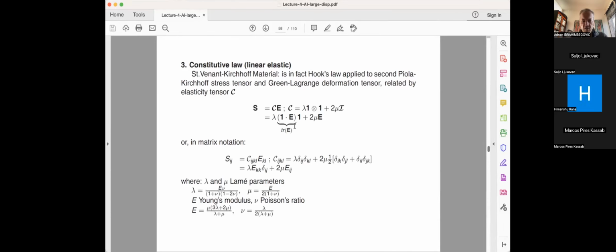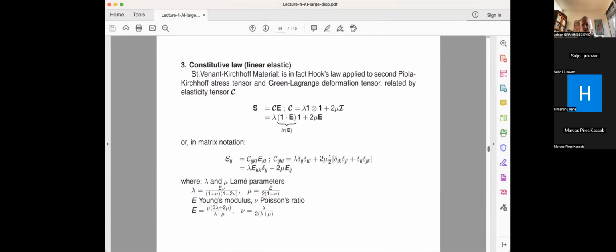And basically, imagine if we now take such a behavior, so I can define the second Piola-Kirchhoff stress with Hooke's law, and I need the elasticity tensor just like for the small deformation setting, which is defined in terms of, say, Lamé parameters, lambda and mu. So I can this way obtain that S is equal to lambda times the trace of the Green-Lagrange strain times identity plus 2 mu times the Green-Lagrange strain.